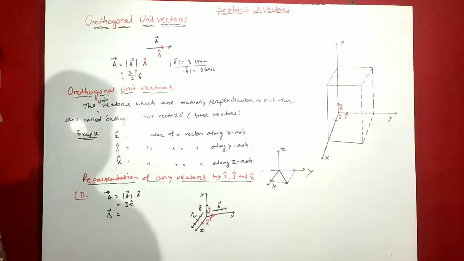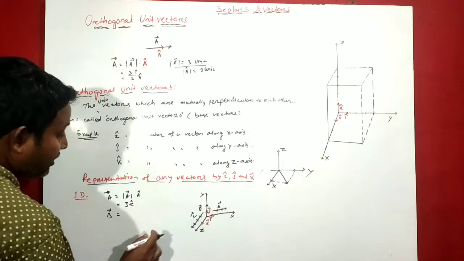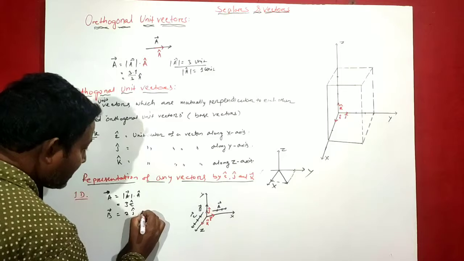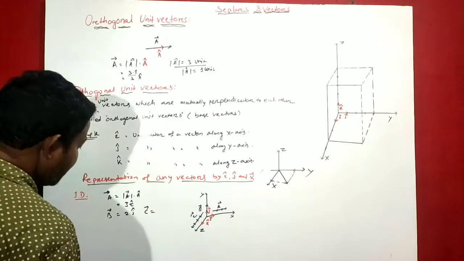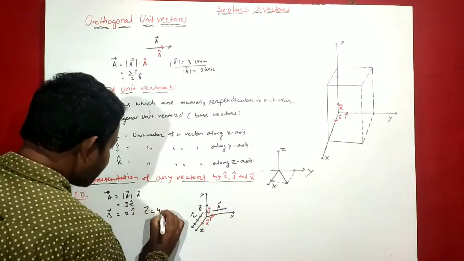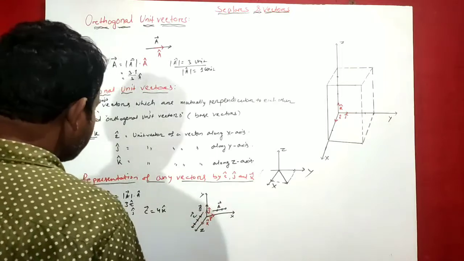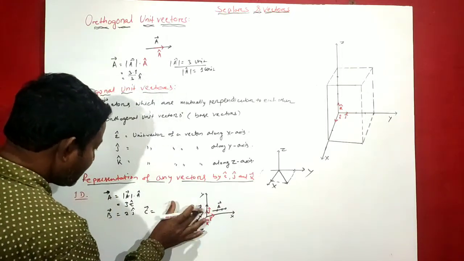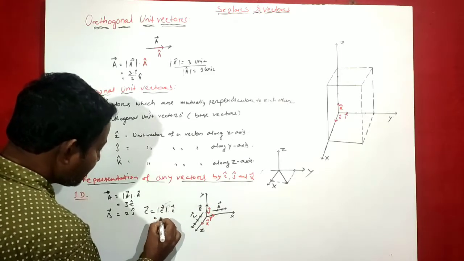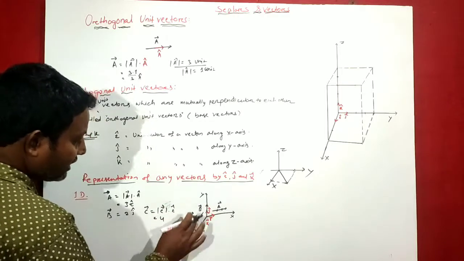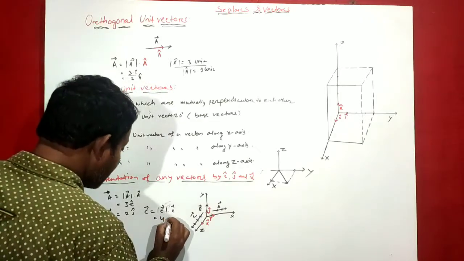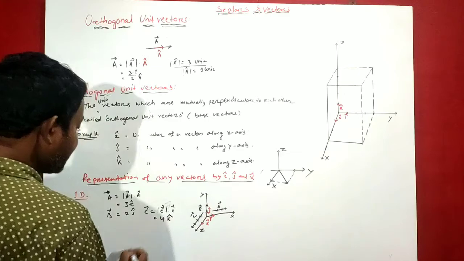Likewise, B is 2 unit along the j cap, so 2 j cap. And C will be 4 k cap, because the magnitude of C vector is 4, and c cap is the direction along the z axis. The unit vector along the z axis is k cap.